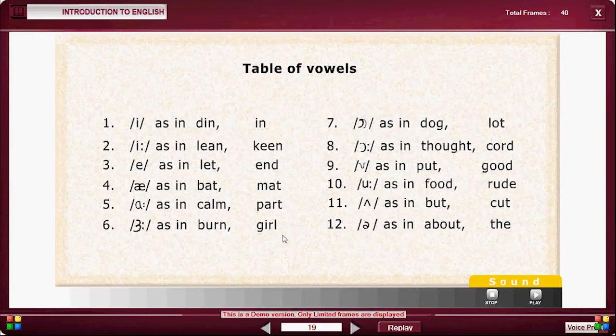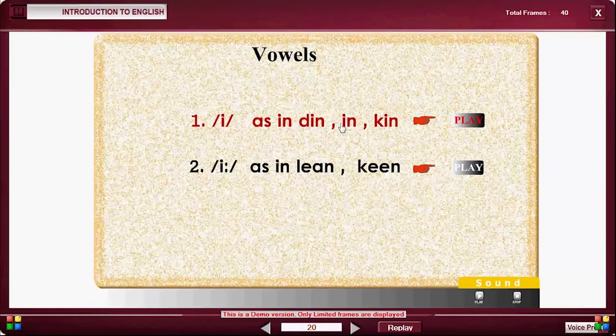And so we substitute this one with the nearest equivalent from our language. That should not be done. This one, abrupt coming, abrupt ending. So this is to be done like this. And here also, for individual study, the next presentation is made like this. E as in din, in, kin. E as in lean, keen.